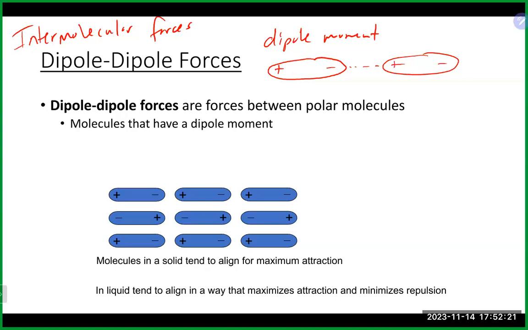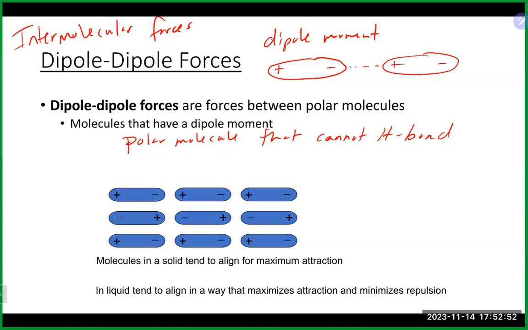So dipole-dipole interactions are the interactions that occur with polar molecules that cannot, as we'll talk about, hydrogen bond. So these are polar molecules that lack the ability to hydrogen bond, but they're still polar. They still have that positive and negative side.